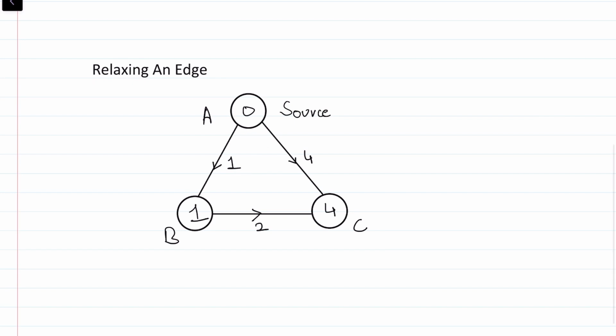Here I have three nodes which are connected to each other, A, B and C, where A is the source node. We can see that the distance from A to B is 1 and the distance from A to C is 4.